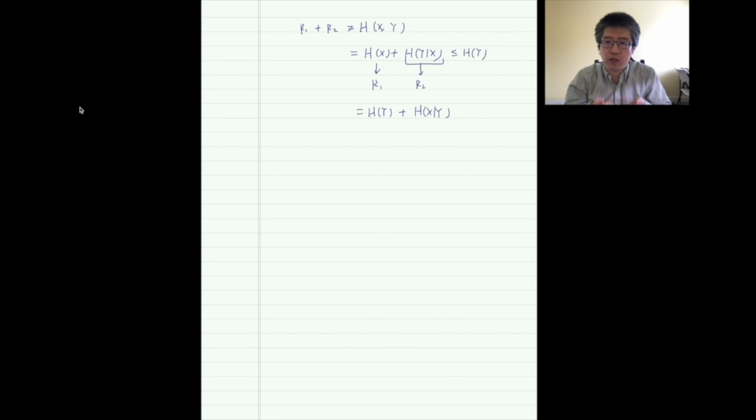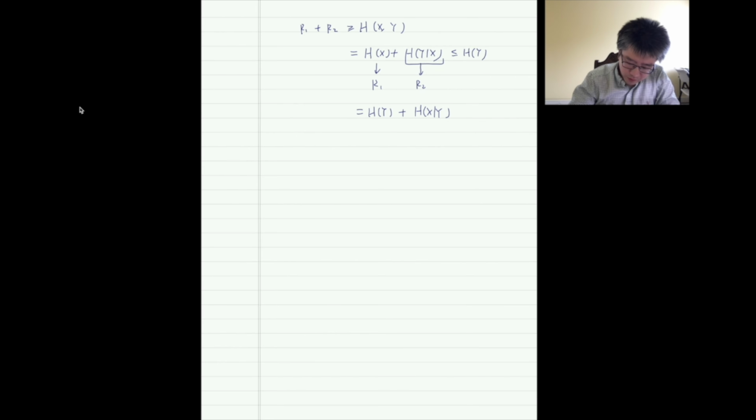Because now we are doing distributed source coding, which means that at each source we can only observe X or Y, and then we only know the marginal distribution. So we don't know the joint distribution. What can we do? Okay, very good.